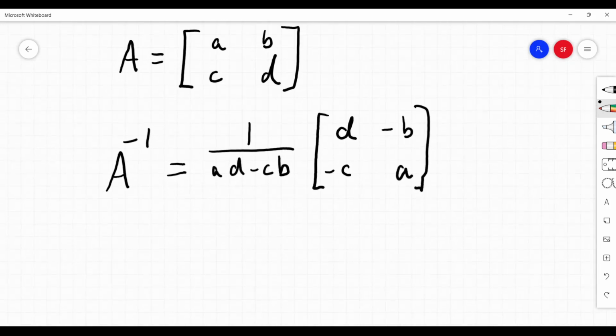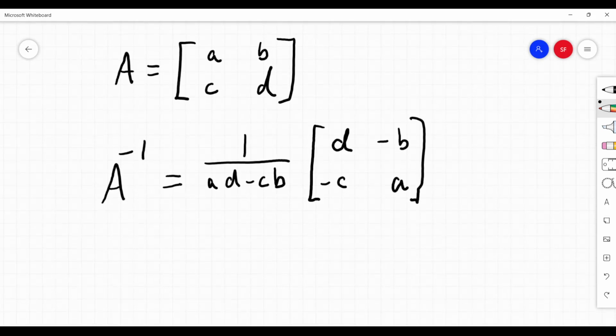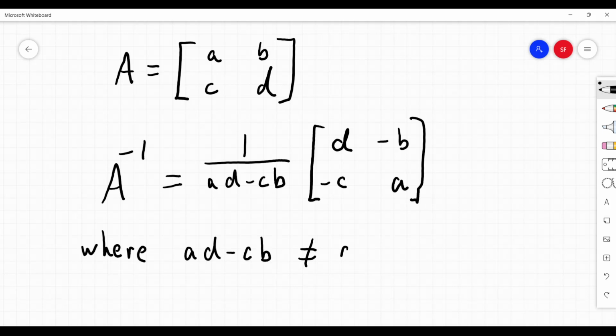And for this to be true, there is a condition: the determinant, a times d minus c times b, is not 0.